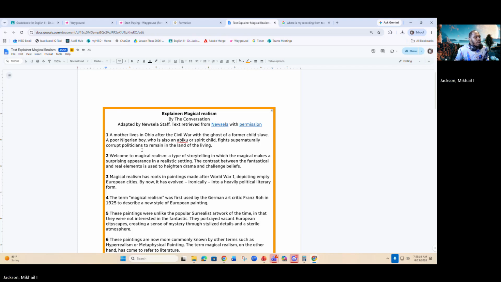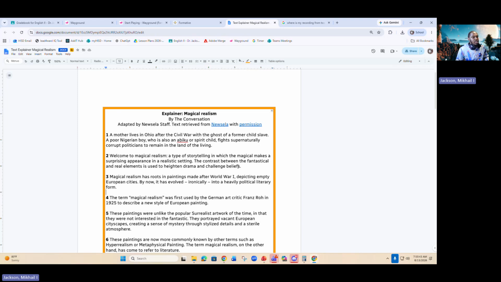Paragraph one. A mother lives in Ohio after the Civil War with the ghost of a former child slave. A poor Nigerian boy who is also an Abiku, or spirit child, fights supernaturally corrupt politicians to remain in the land of the living. Welcome to magical realism, a type of storytelling in which the magical makes a surprising appearance in a realistic setting.